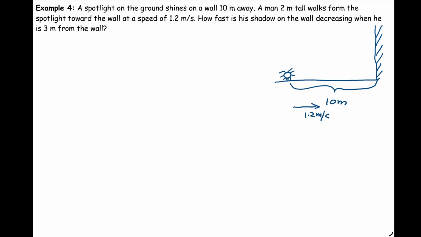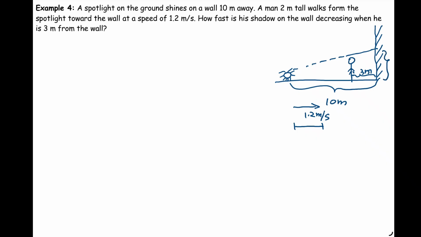This is a rate of change for the distance from the spotlight to the person. It asks you how fast is his shadow on the wall decreasing when he is 3 meters from the wall. So 3 meters from the wall, the person's shadow.